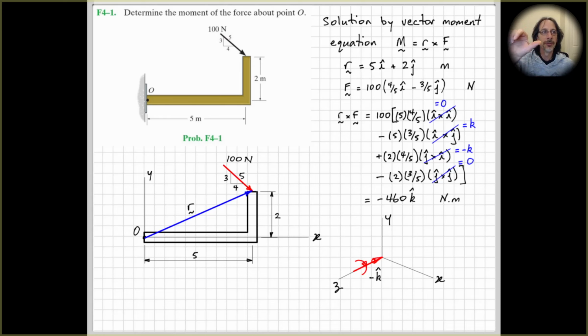Okay, so our thumb points in the direction of the vector. So if we go like this, then our thumb is pointing in the direction of that moment. If we come this way, then the moment is back this way.